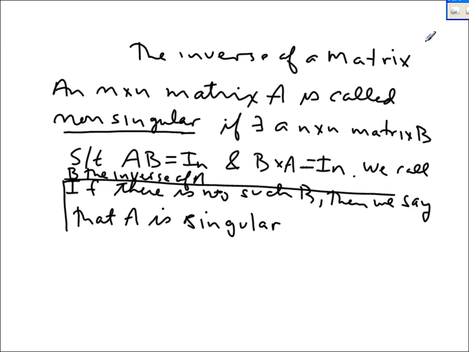We call B the inverse of A and denote B by A to the negative 1. We read it as A inverse. If there is no B, then we say the matrix A is singular. So non-singular means the inverse exists. Singular means the matrix A has no inverse.